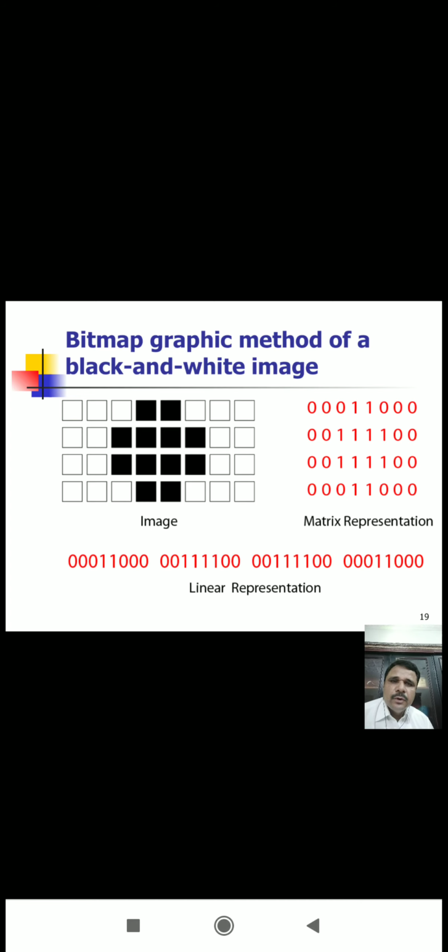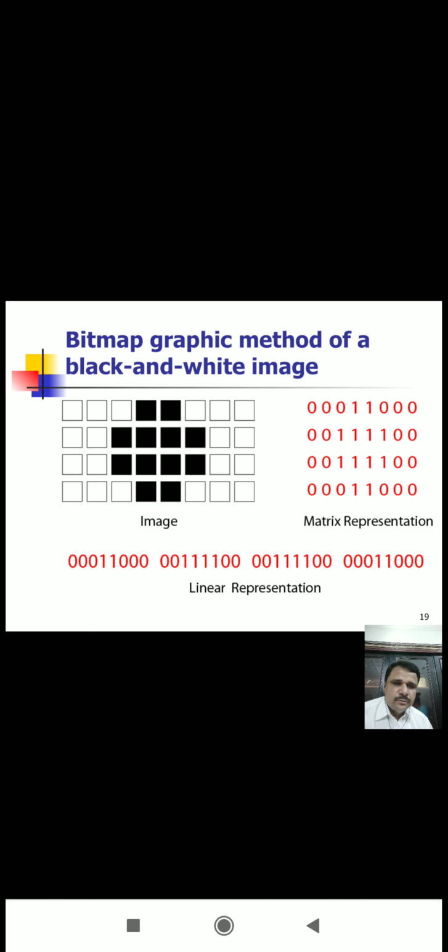Now these bit patterns are 8-bit patterns. If you represent them linearly, then you can see in the last row, this can be represented as 0 0 0 1 1 0 0 0, and then the next row, the third row, and the fourth row. So it can be represented like this, and it can be easily stored in a computer.